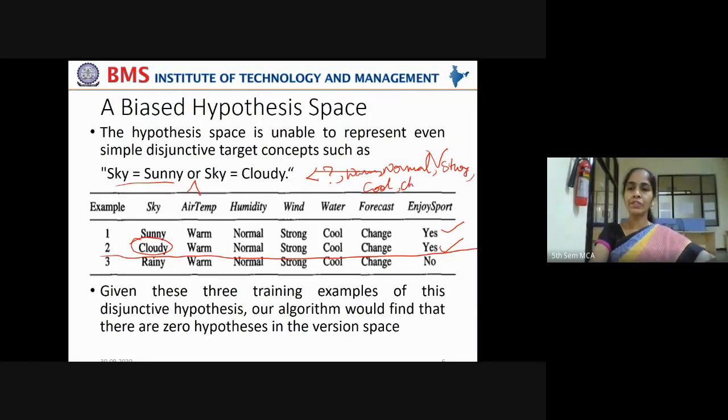Now, the learner encounters this third training example. Assume that it doesn't know about the prediction. What would it predict? Can anybody tell me? Only rainy is changed. Observe this. Warm, normal, strong, cool, and change are all the same. Only rainy is changed, but that is already represented by a question mark. Now what does the learner predict it as? Yes or no?